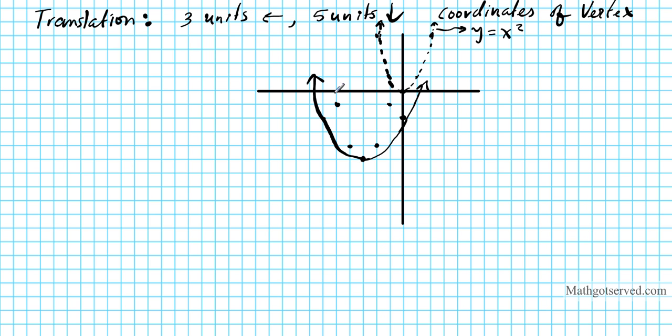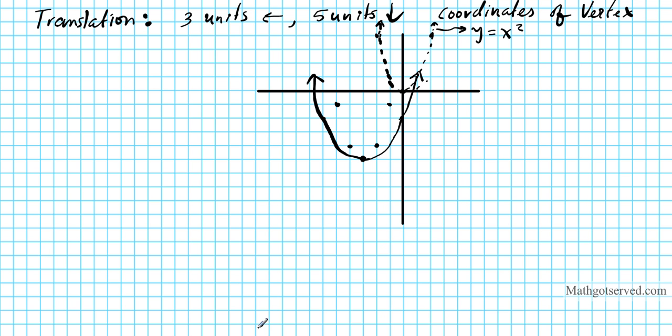This one right here would be the same size, but since A is less than 1, it's a little bit wider than that. Let me fix this line right here. I want it to go right into that y-intercept, which is -2. Let's go through there and curve it a little bit. There you have it.